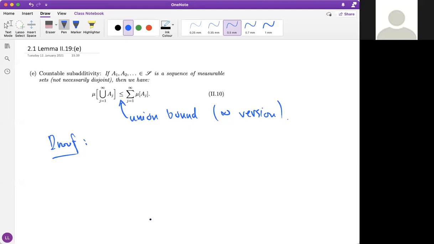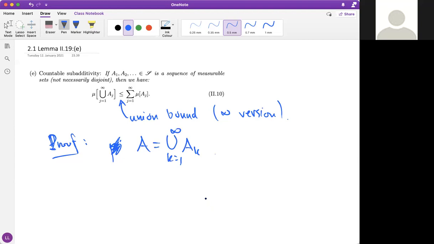I think that should follow quite nicely from the previous part. So let's see. Yes, let's do the proof so that we use the same notation. Let's use A as the union from k from 1 to infinity, A_k.